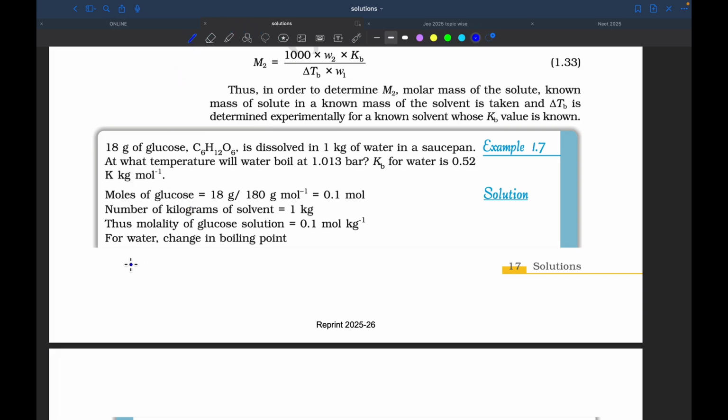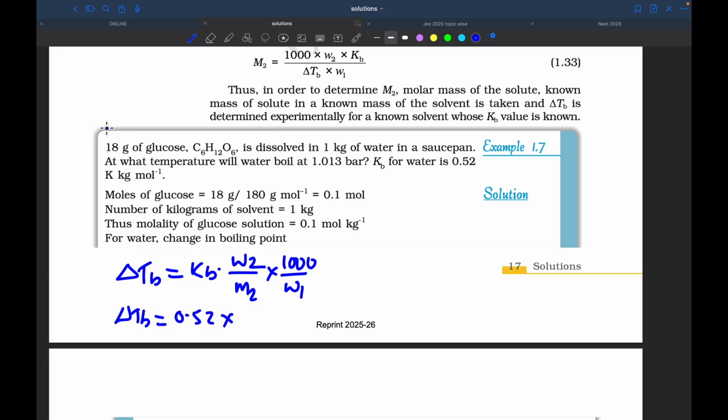So first you need to calculate the delta Tb, which equals Kb into W2 by M2 into 1000 by W1. This is the formula we are supposed to use. So delta Tb equals Kb 0.52 into W2, how many grams? 18 grams.